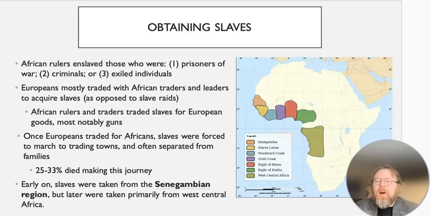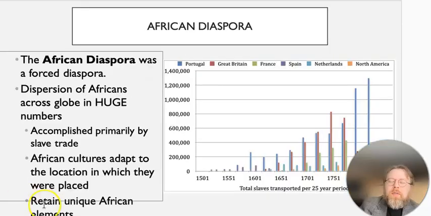So you get all of these different people from different African traditions and in some cases very different languages, and you bring them all to the New World, and the result is that suddenly all of those differences they have with one another don't seem as dramatic as the differences they have between, let's say, Europeans or Native Americans that they encounter.